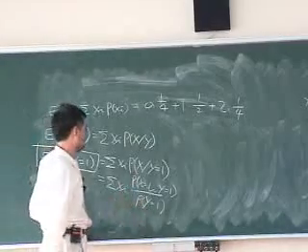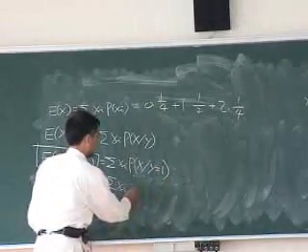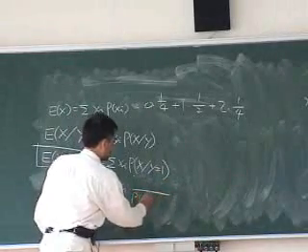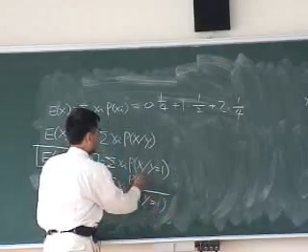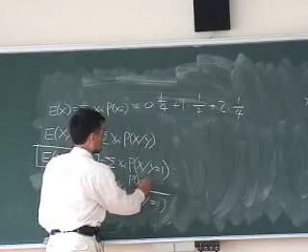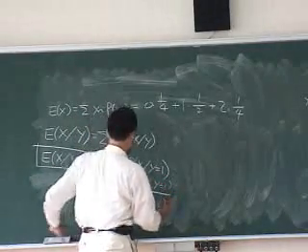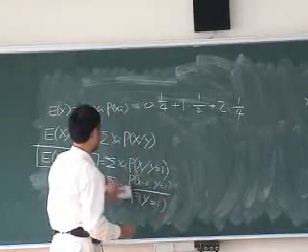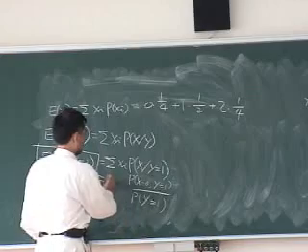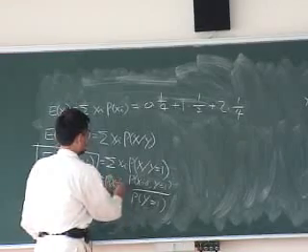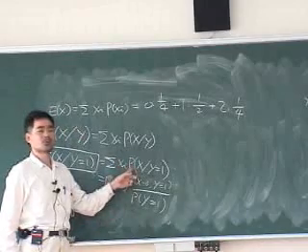So actually you have 3 terms: p(y equals 1) and p(x equals 0, y equals 1).